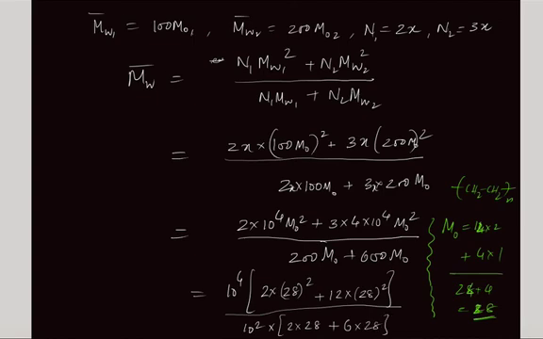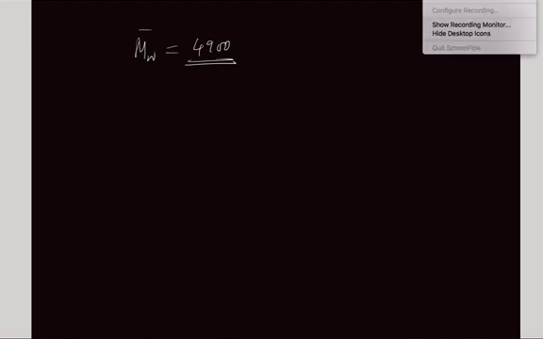When you solve this, you would get Mw average as 4900. Okay, so this is how we calculate the average molar mass given the compound and different information.